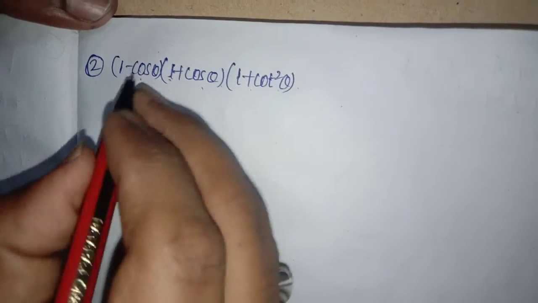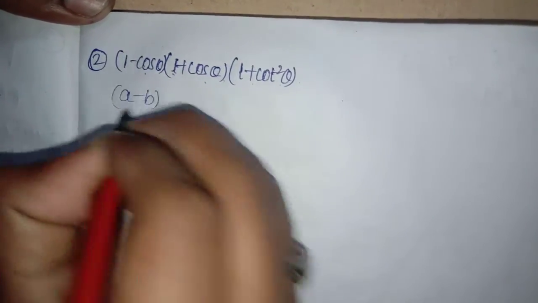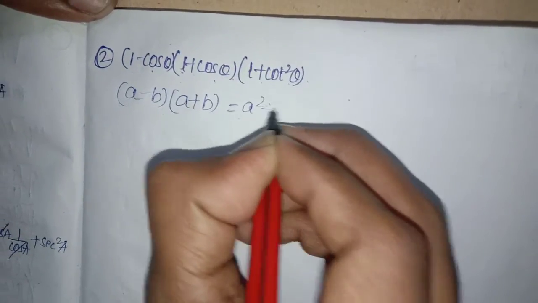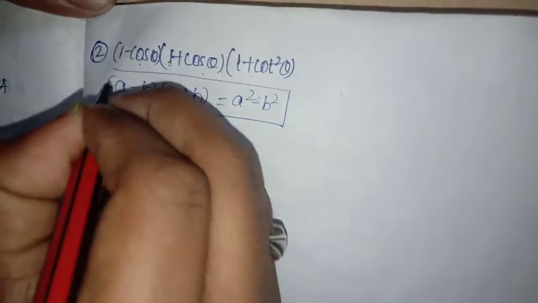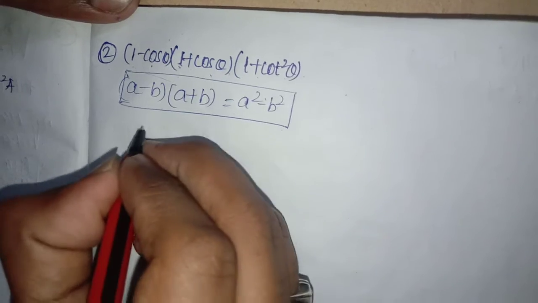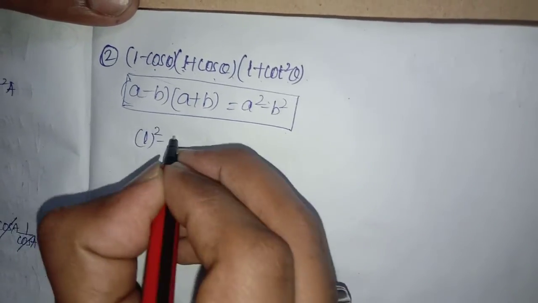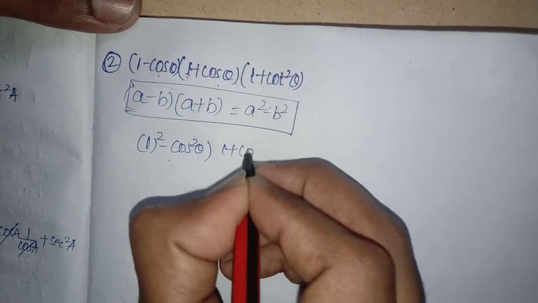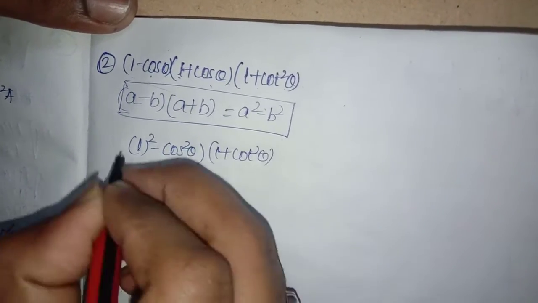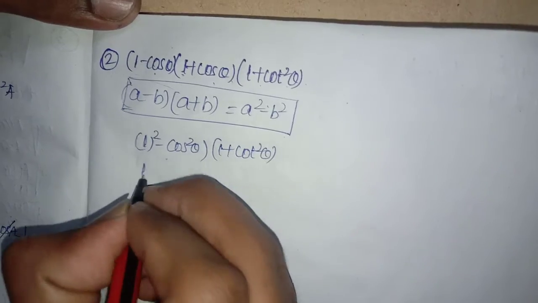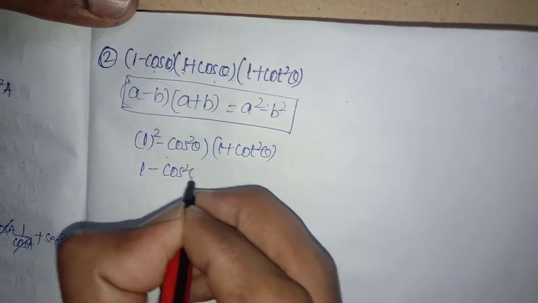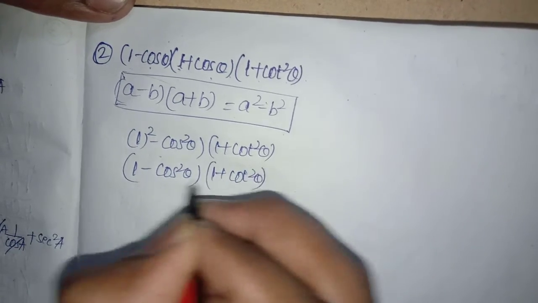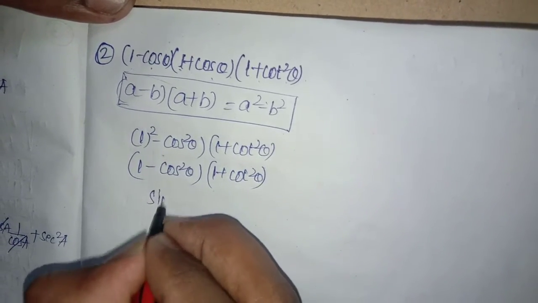It looks like (a minus b) into (a plus b) equal to a square minus b square. It is a formula. Applying that, 1 square minus cos square theta into (1 plus cot square theta). 1 square equals 1, so 1 minus cos square theta into (1 plus cot square theta). 1 minus cos square theta equals sin square theta.